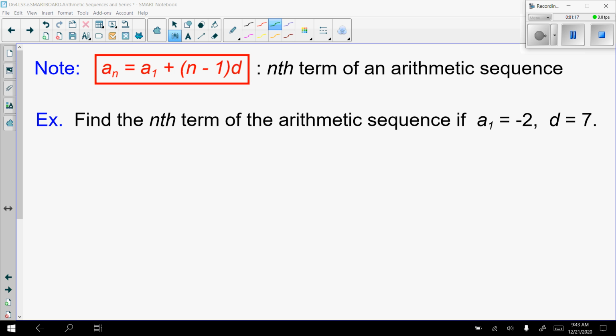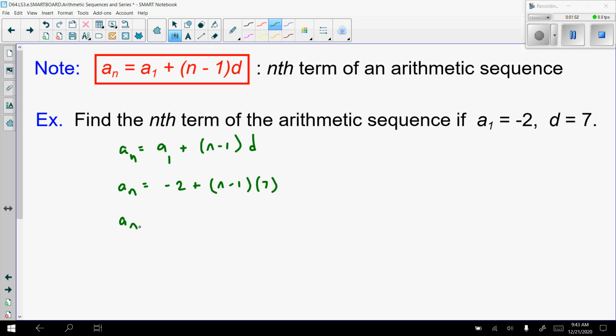Example: find the nth term of the arithmetic sequence if a sub 1 equals -2, d equals 7. The first thing I will do is write down the formula to help me. a sub n equals a sub 1 plus the quantity n minus 1 times the difference. That means I have a sub n equals a sub 1, which is -2, plus n minus 1 and the difference of 7.